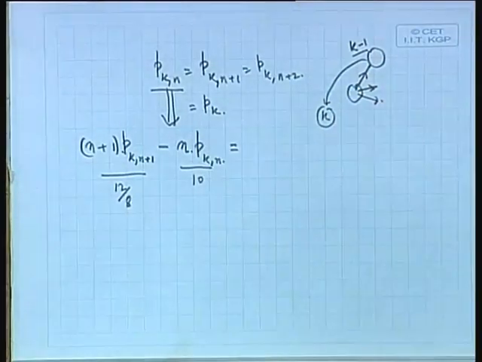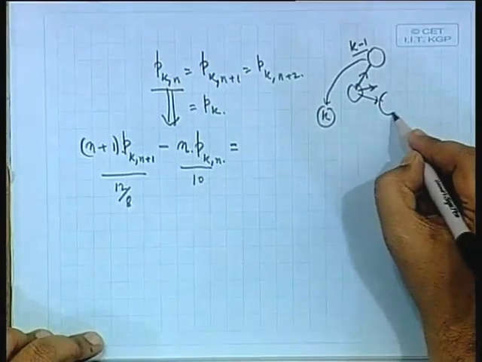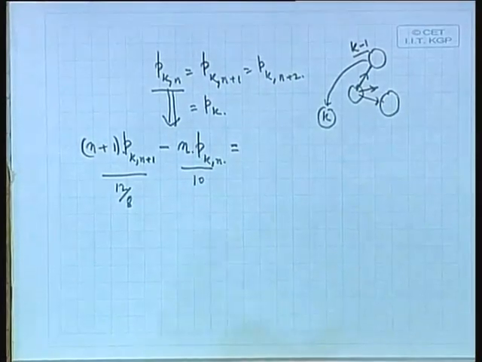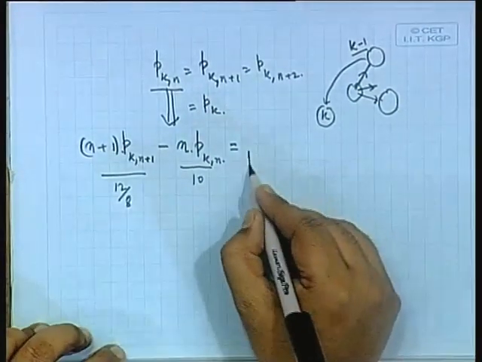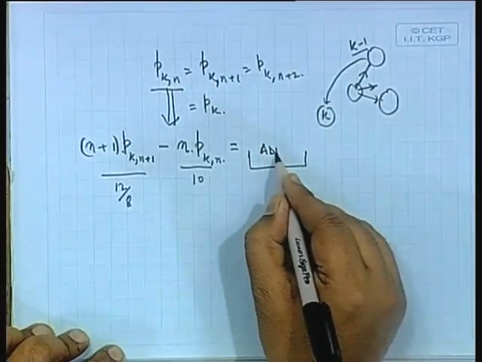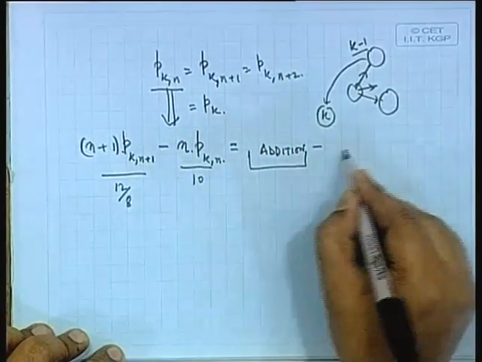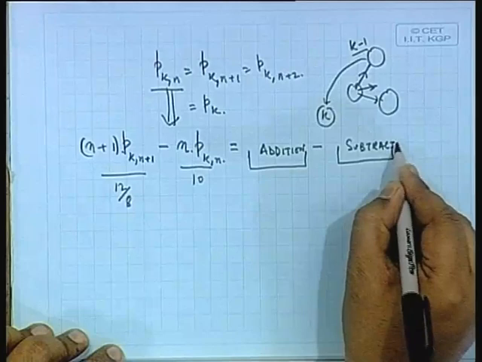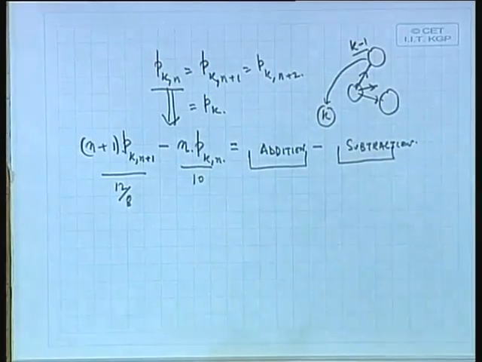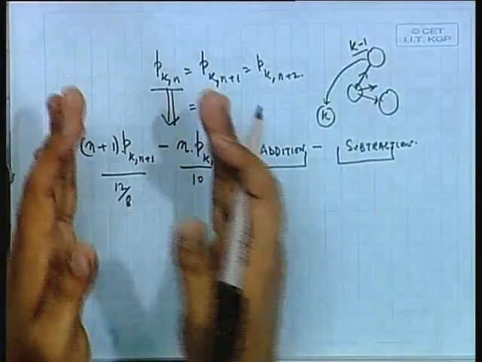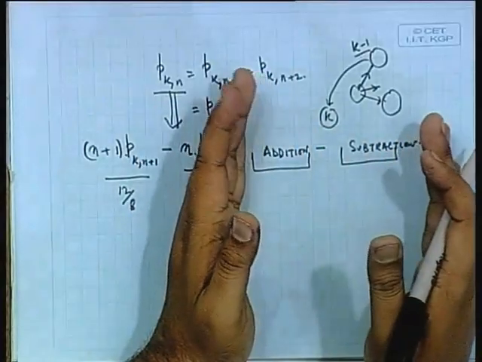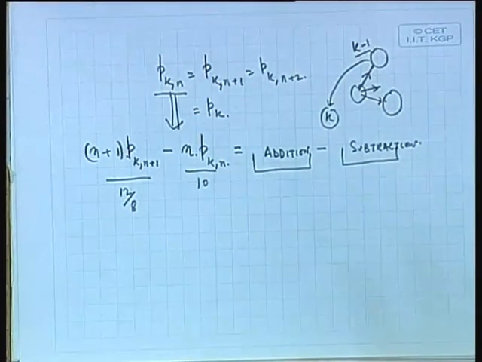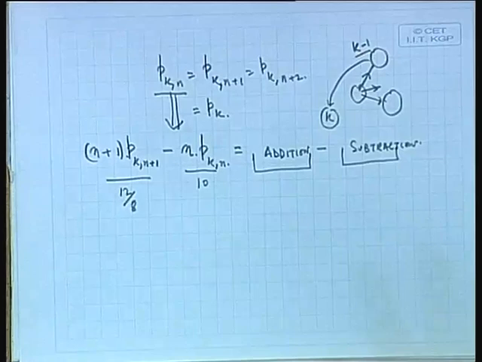Will there be any subtraction? If I had a k degree node and an edge is added to it, that will be subtracted. So, we have to take the addition into consideration minus the subtraction into consideration. Am I clear? Okay, very good.